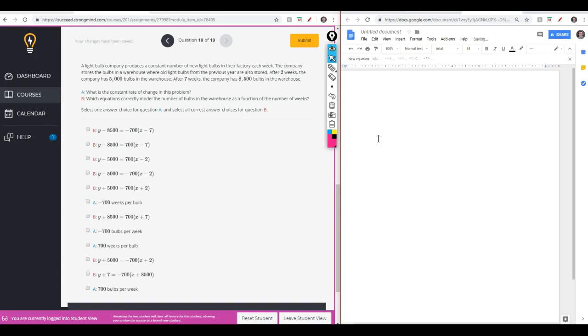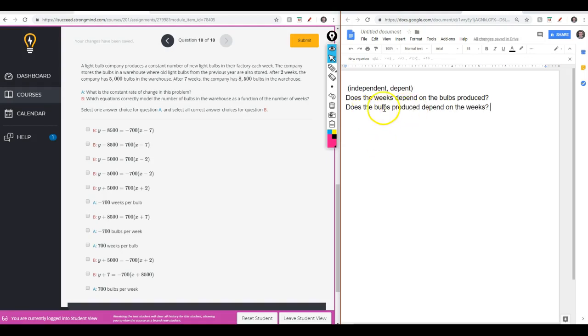So the first question is we have to know what's our independent and what's our dependent event so that we can write the coordinates for our 2 points. Independent and dependent. So I'm going to ask, does the weeks depend on the bulbs produced? Or does the bulbs produced depend on the weeks?